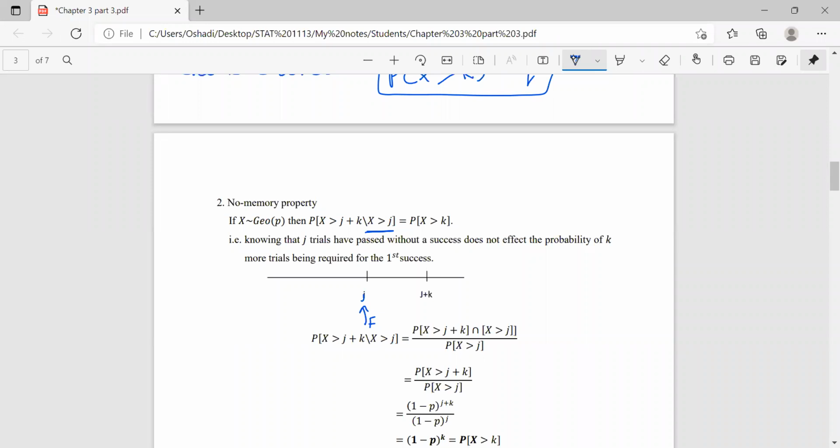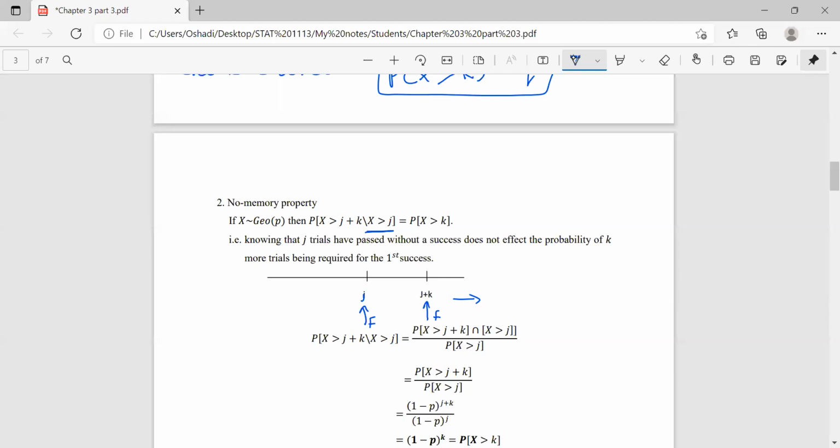So that is the given information. When that information is given, the probability that the first success goes beyond the J plus K trial. So here also again a failure. So the success is somewhere after the J plus K trial.